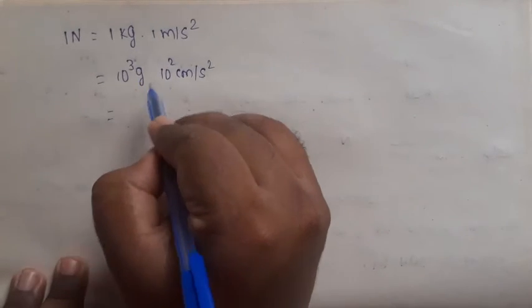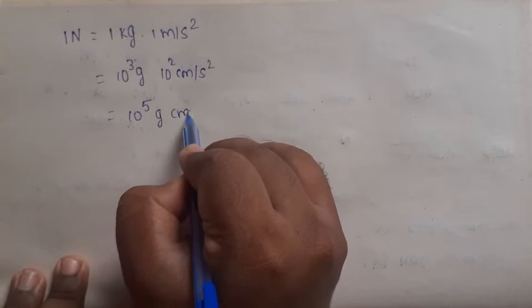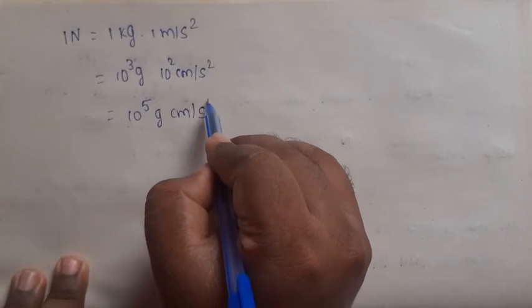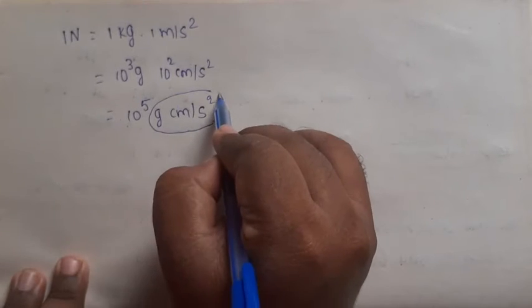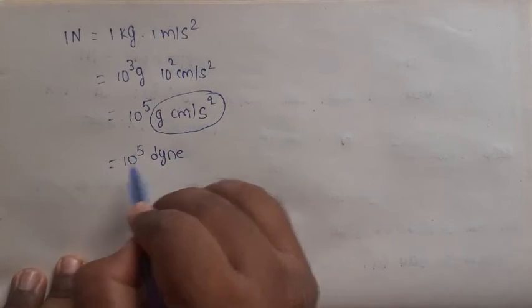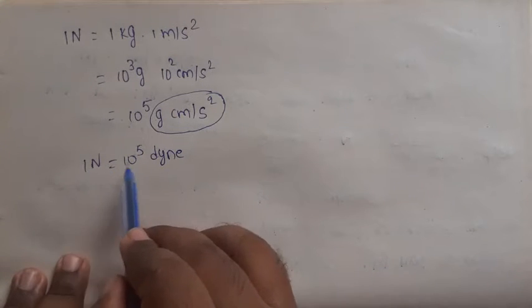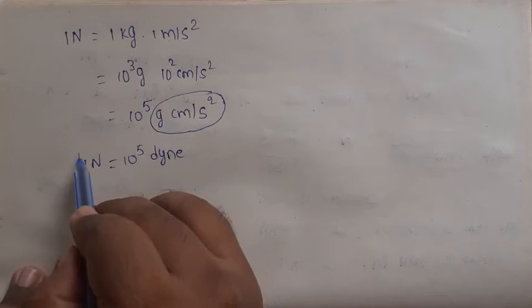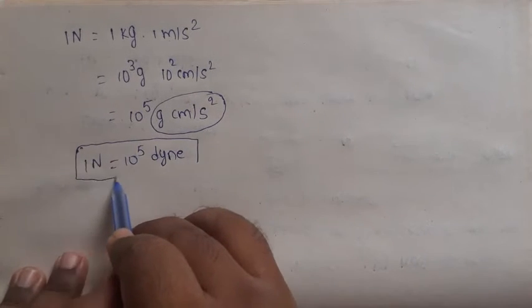So 10 to the power of 3, 10 to the power of 2, 10 to the power of 5 gram centimeter per second square. This gram centimeter per second square we call the dyne. So this is the relation between dyne and Newton. 1 Newton we can write 10 to the power of 5 dyne.